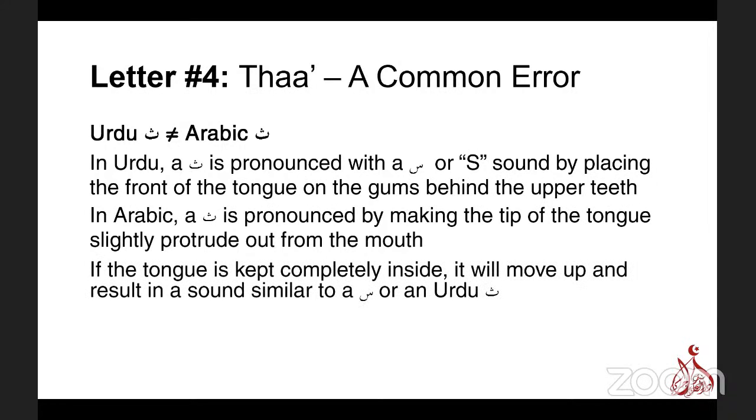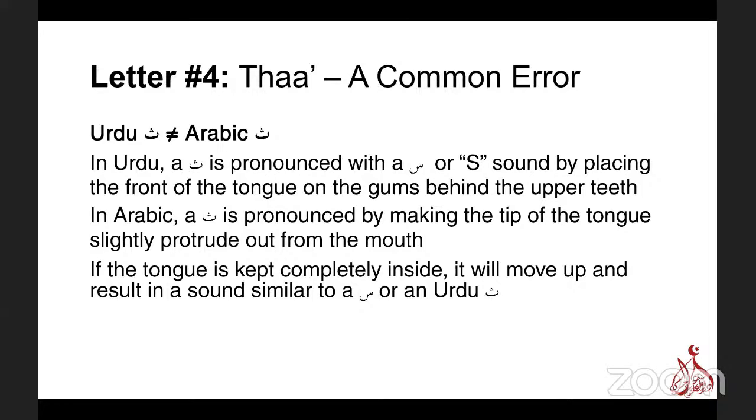If the tongue is kept completely inside your mouth and it does not kind of pop out for a tha, it will move up to the area behind the upper teeth and will result in a sound similar to a seen or the Urdu se, which is incorrect. So for example, if you have a word like mathaluhum, if you say masaluhum, that's wrong.